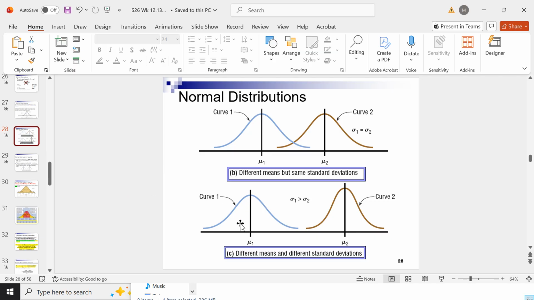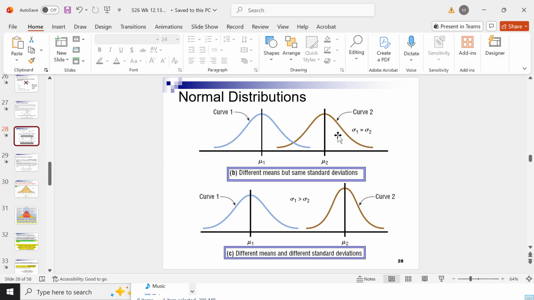The whole point of Z-score and standardizing is you're taking one graph with its own parameters, mean and standard deviation, and another graph with a different mean and a different standard deviation, and standardizing them so that they both have the same mean, 0, and a standard deviation of 1, 2, 3.